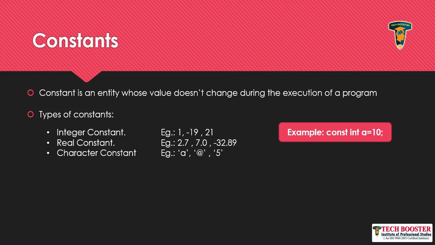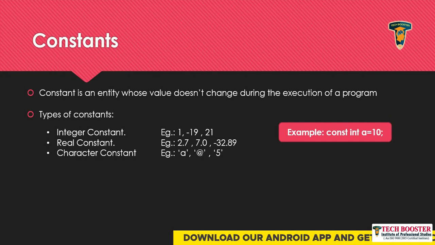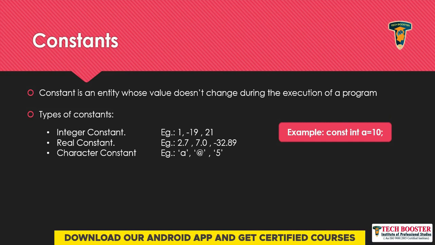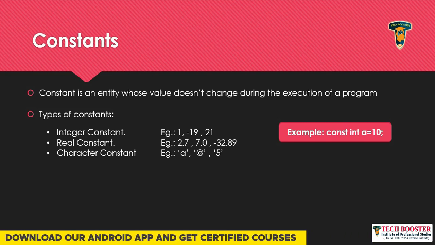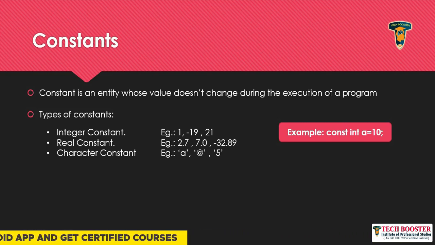Real constant will hold all of your fractional or decimal values like 2.7, 7.0, -32.89. So these are my real constants. And third one is my character constant. Here you can consider any character, but your character needs to be within single quotes or single inverted commas. So these are my types of constant.